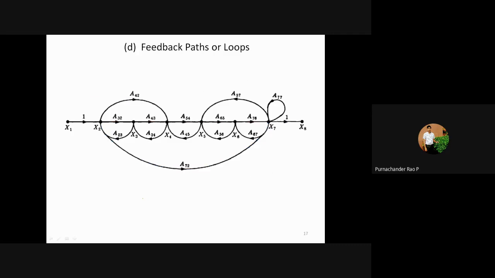And next, we need to check the loops. So how many loops are there? Just try to find out.